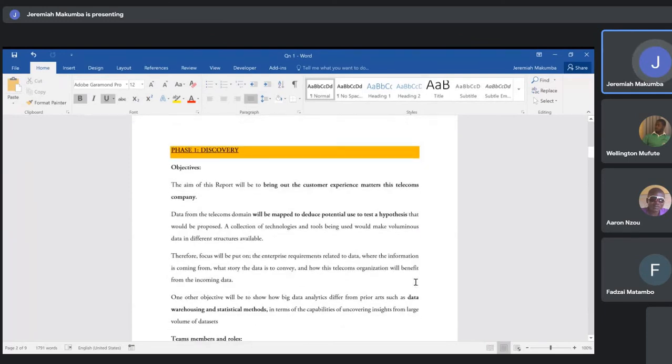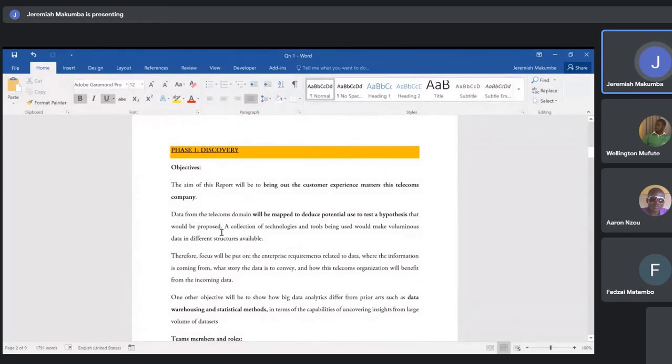On the discovery stage, the objective of this phase is to address customer experience matters in the telecoms company, as well as to map and reduce potential churn, and to test the hypotheses that would be proposed.